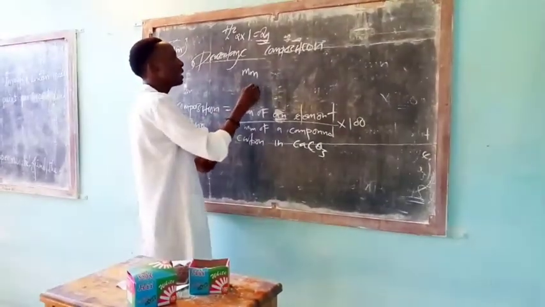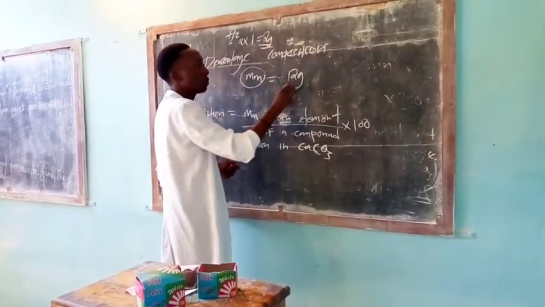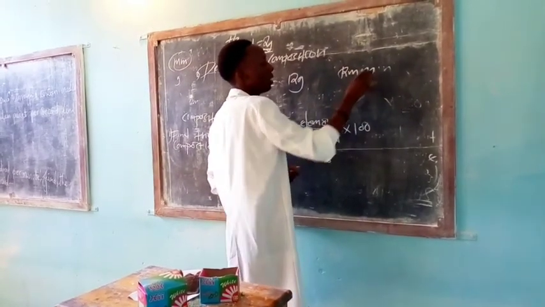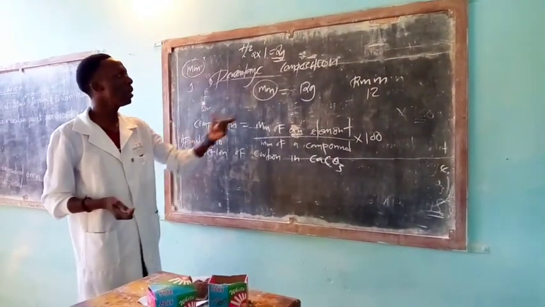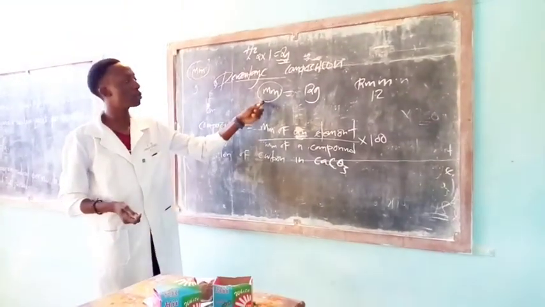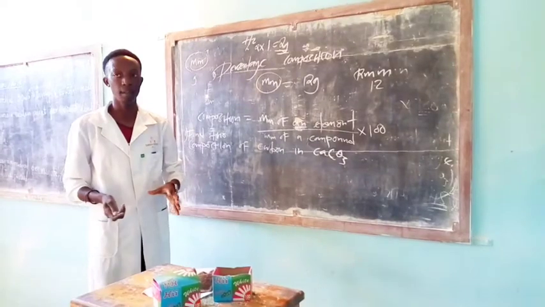The difference is that here you get your answer in what? For example, if it's 12, it's going to be 12 grams. When you're dealing with the relative molar mass, it's just going to be 12. That's the difference. Whenever you are dealing with the molar mass only, your answer is supposed to be in grams. But how you calculate them is one and the same.